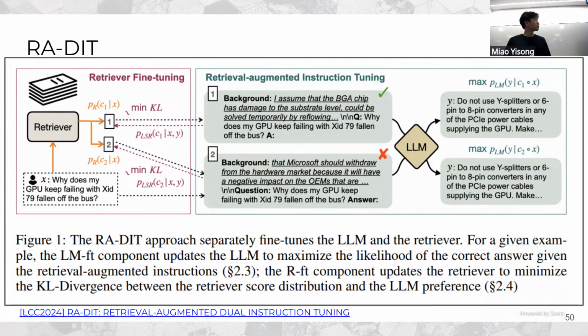Do we all understand why on the right hand side the Y looks the same? Can anyone explain? Yes. So that's the gold label, right? That's what we're trying to train the retriever pipeline to generate.